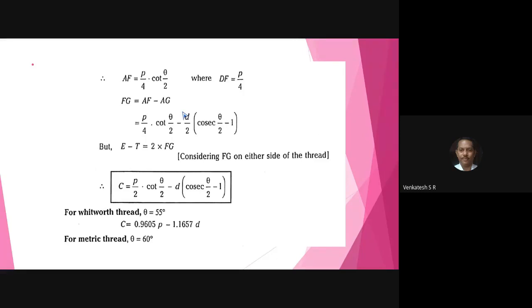The same way you can use the diagram and calculate the angle of the thread. In this example, the angle of the thread is theta equal to 55 degrees and the constant is 0.9, P minus 1.1657 D. Whitworth thread means it is the British system, where the angle of the thread is 55 degrees. The same for the metric thread, theta equal to 60 degrees.